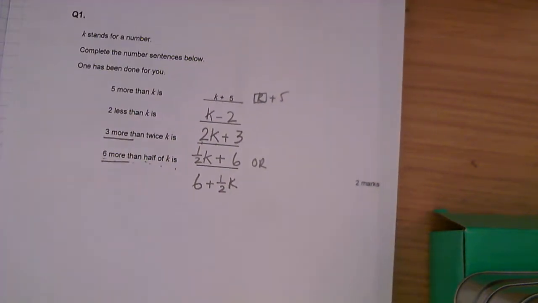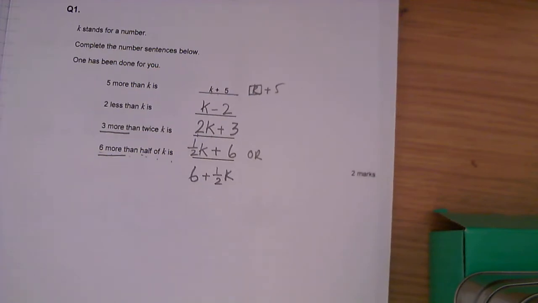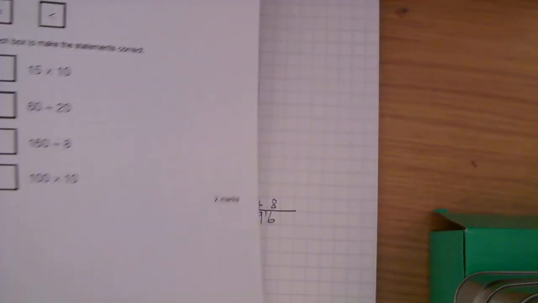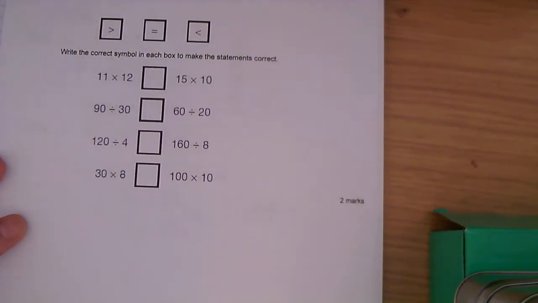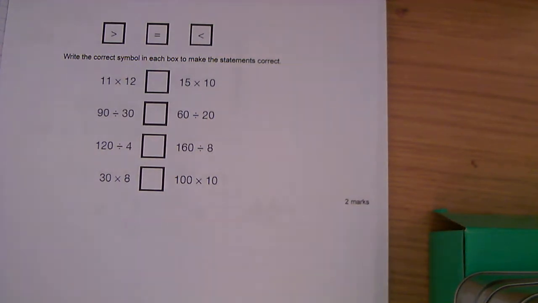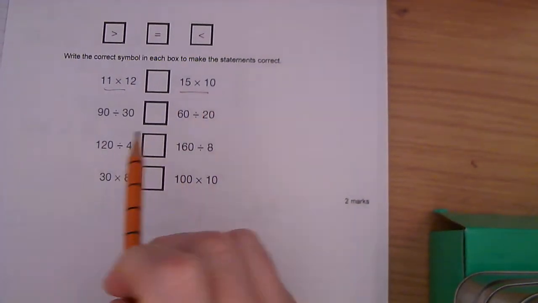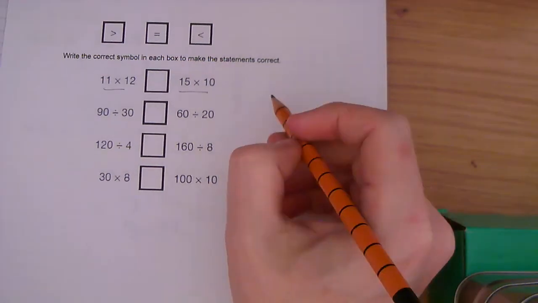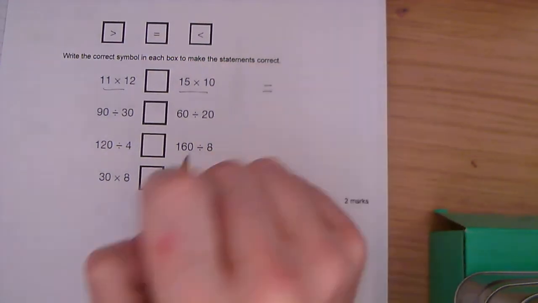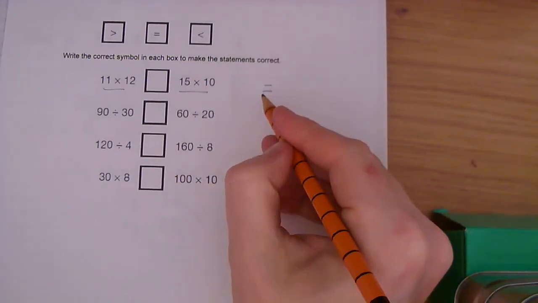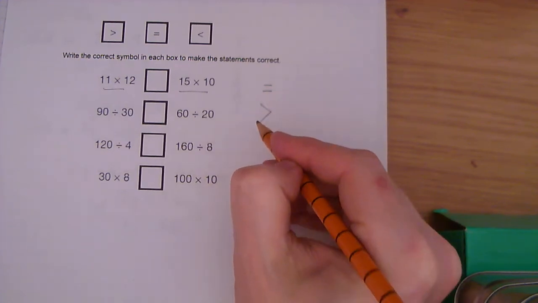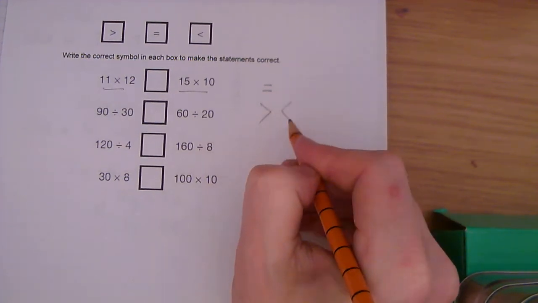The last thing I'm going to show you, which you'll need to think about, is inequalities. And you might have some number sentences. So we've got 2 number sentences here, and if they balance, I'm going to write an equals sign. If one side is greater than the other, or less than the other, we're going to use this symbol or this symbol.